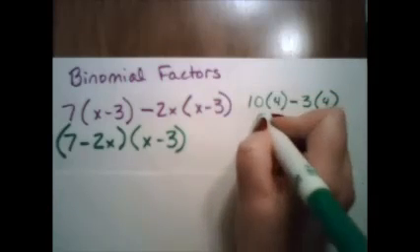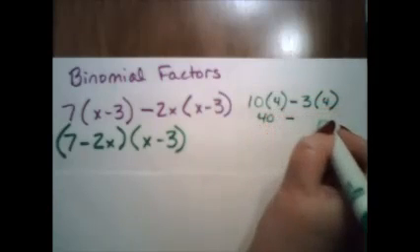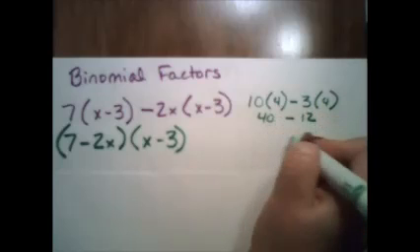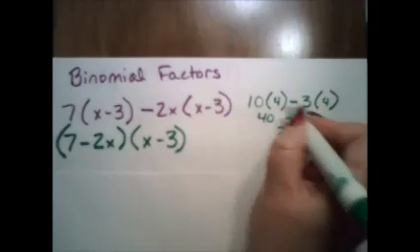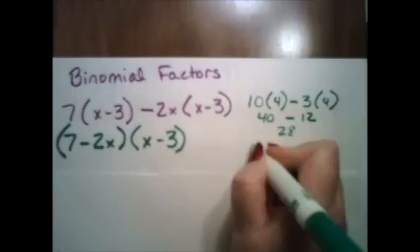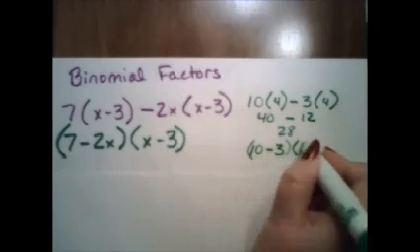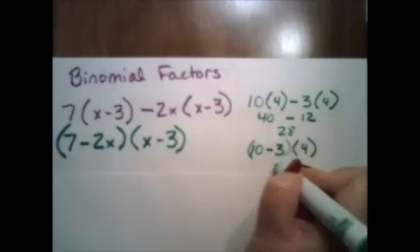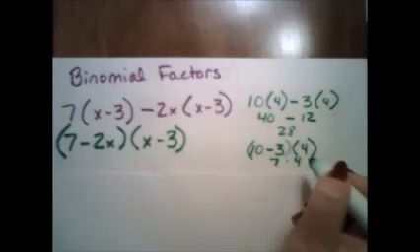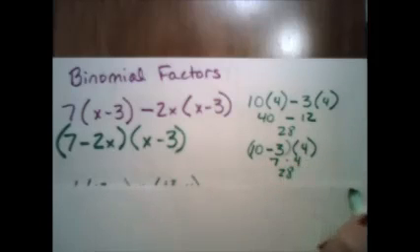You can do this up. You can say 40 minus 12, and you could come up with 28. Or you could say 10 minus 3 times 4. 10 minus 3 is 7 times 4 is 28.